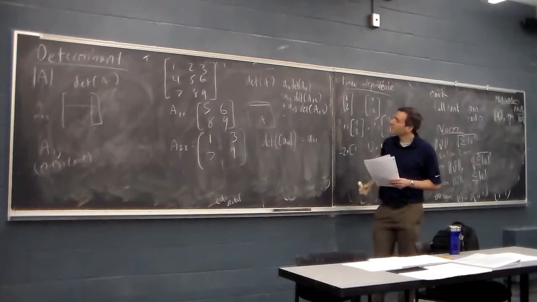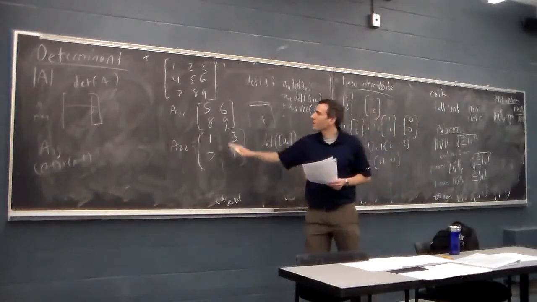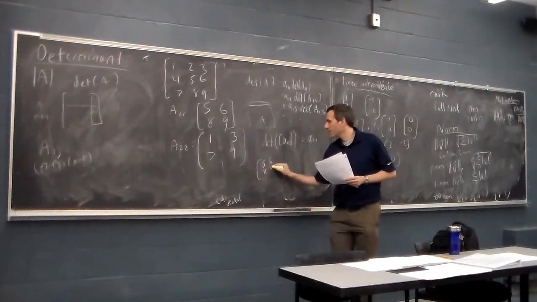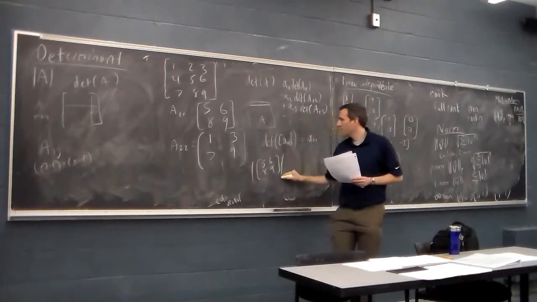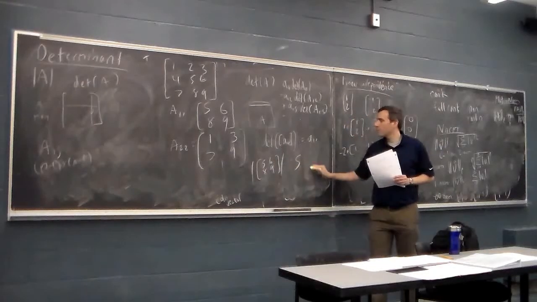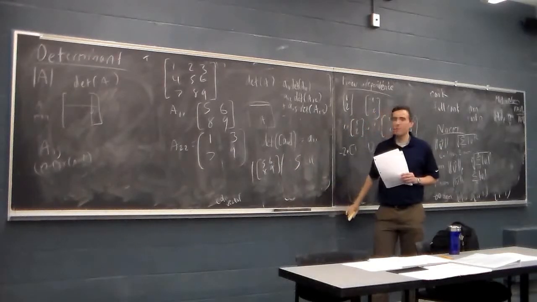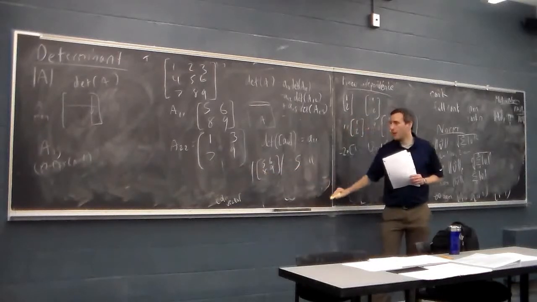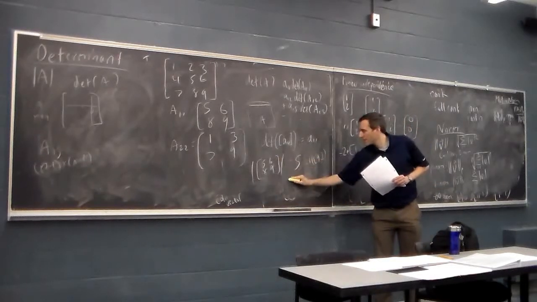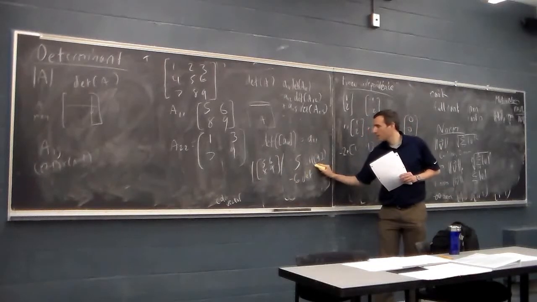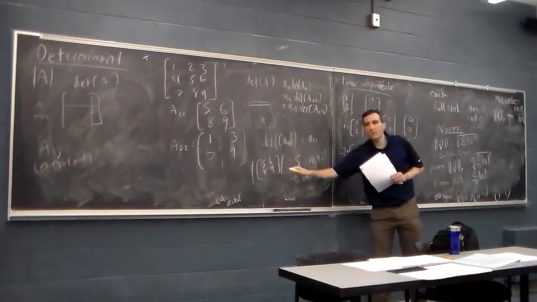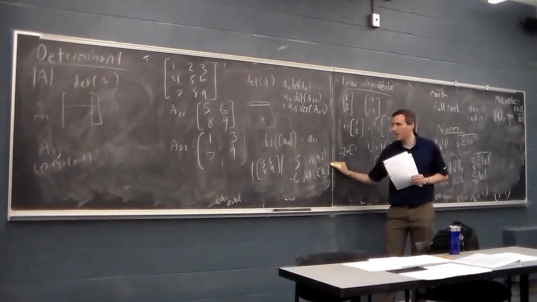So, for example, if we were working with this matrix here, 5, 6, 8, 9, then we could say that the determinant of this is going to be 5 times the determinant of the submatrix removing the row and column of 5, so that's just going to be the matrix 9, minus 6 times the determinant that we get from removing the row and column of 6, which is going to be simply the matrix 8.